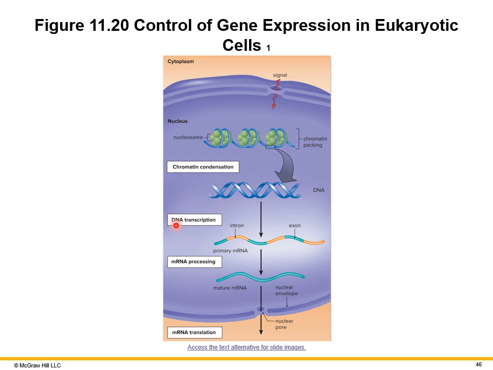And if we look at the DNA transcription level, we need the mRNA transcript from DNA in order to make eventually the protein. So if the rate of transcription is lowered, then gene expression is also going to be lowered due to the decrease in the production of the RNA transcript.